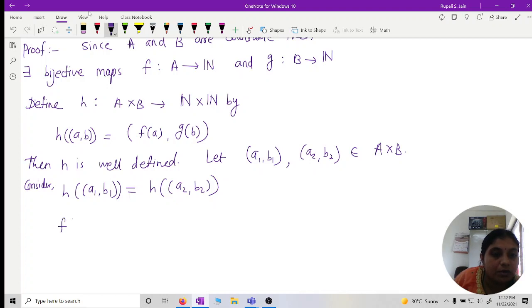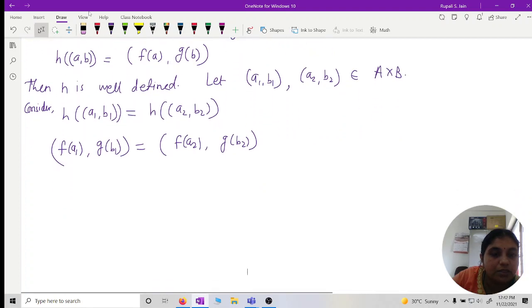This means f of a1 comma g of b1 is the same as f of a2 comma g of b2. Is that right?